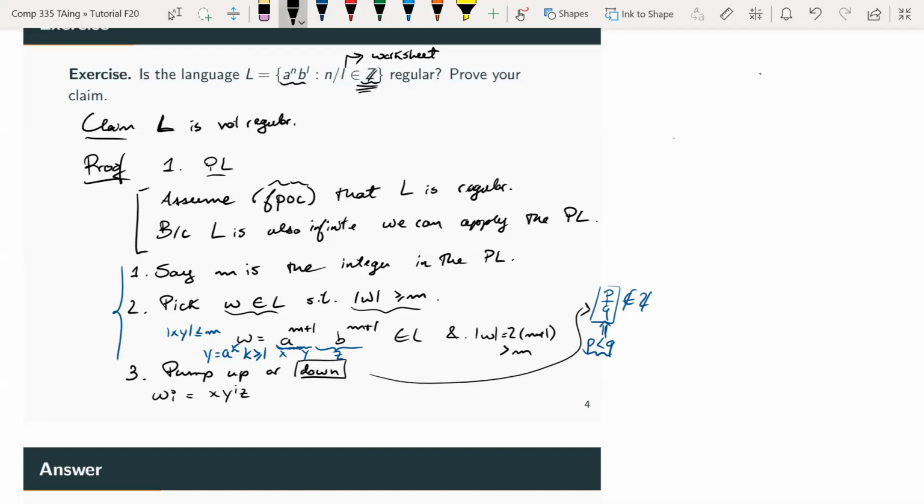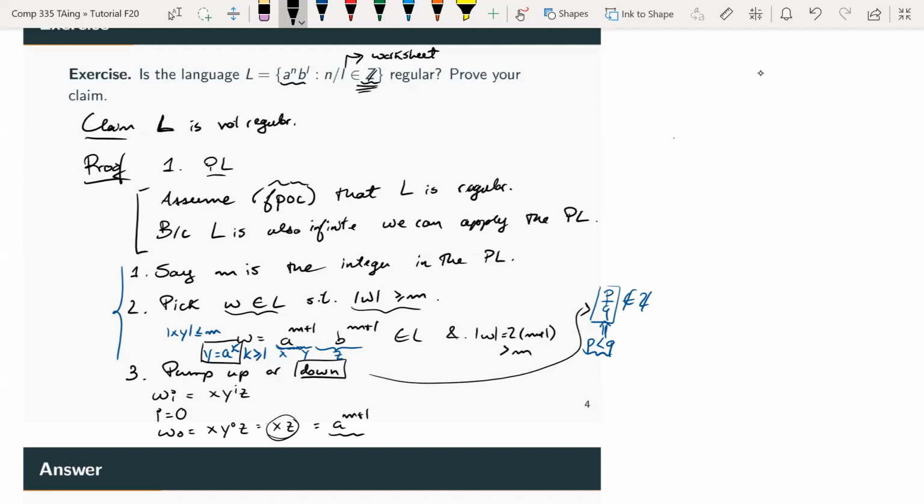As I was saying, I'm going to want to pump down here, so I'm going to set i to 0. What does this look like? w to the 0 is just x, y to the 0, z, so that's just x, z. Just imagine you're taking the m plus 1 a's, and you know that you have k a's in y.